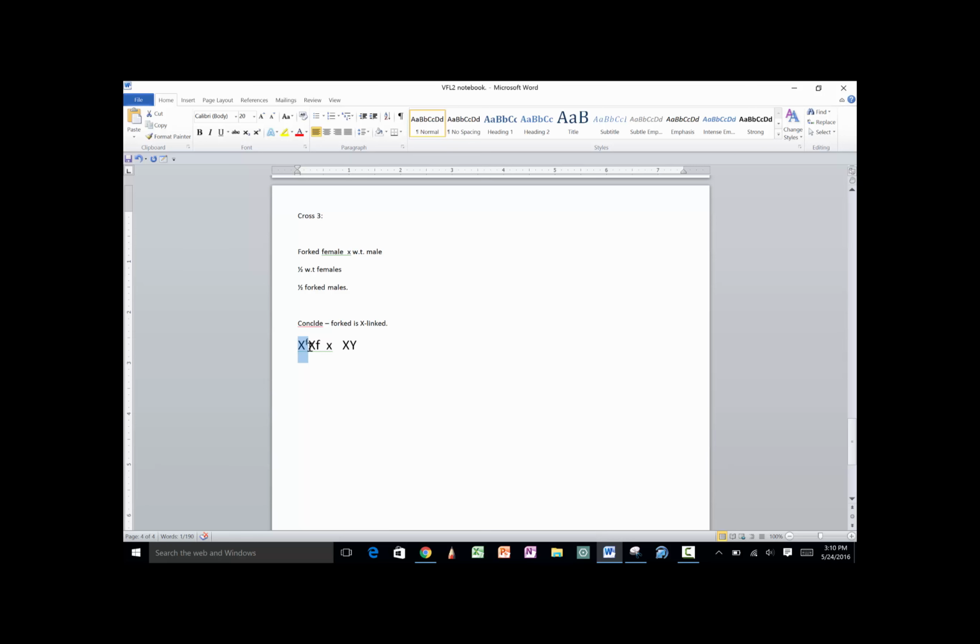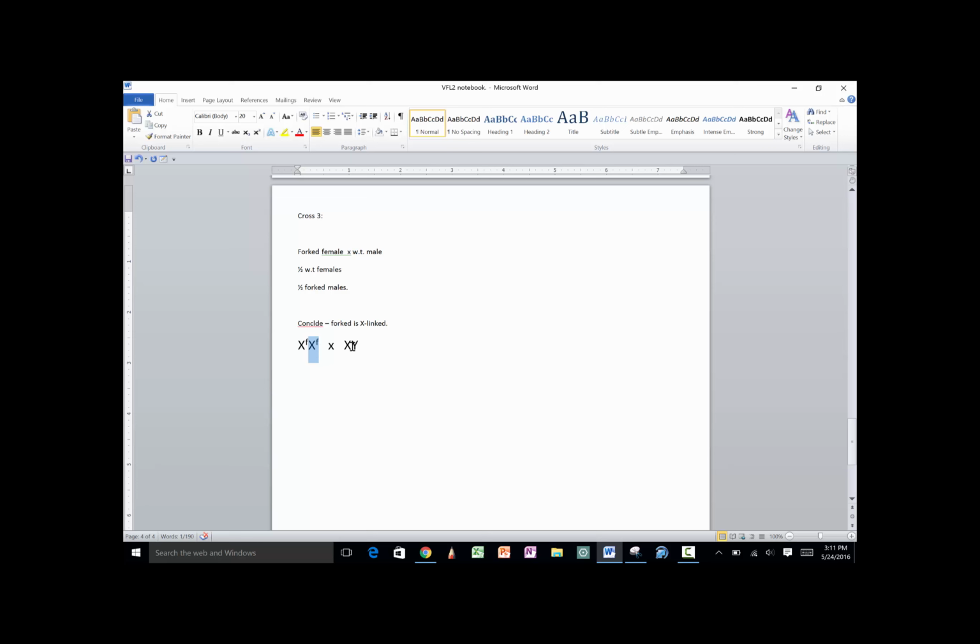So just bear with me. Our female is X to the F power. That's not really what it means. It just means that the forked allele is on the X chromosome.